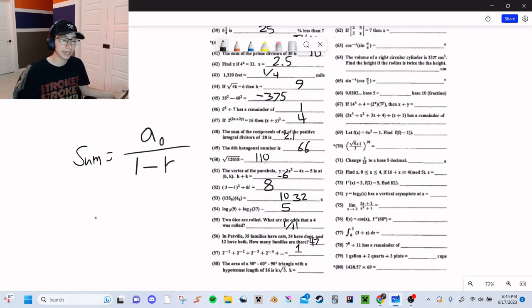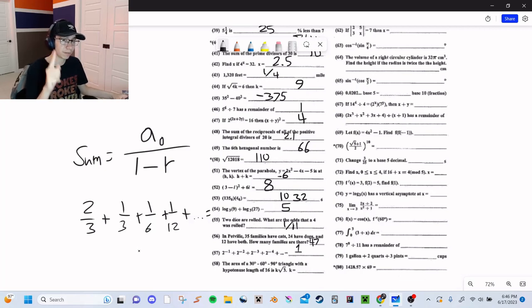Okay, so let's say I had a series like 2/3 plus 1/3 plus 1/6 plus 1/12, and it's going on and on forever, and I want the sum. Let's identify the two things we need to identify, which are our first term, which is 2/3, and what our rate is.